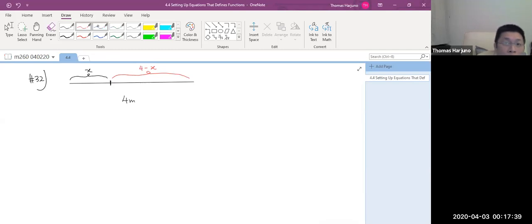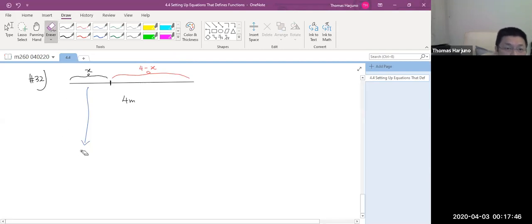So this piece here, we bend it into a square. And this piece here, the 4 minus x, I bend it into a square too.